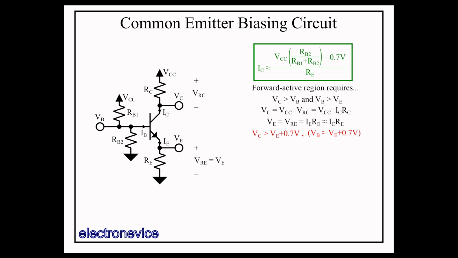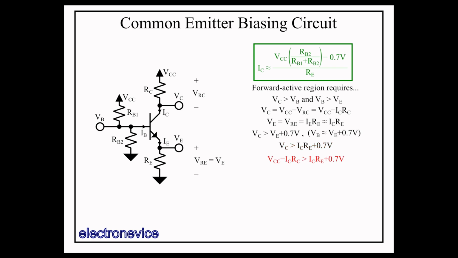Recalling that the base voltage is approximately equal to VE plus 0.7 volts, which satisfies the VB greater than VE condition, that leaves us with VC must be greater than VE plus 0.7 volts. Plugging in our approximate expression for VE, we have VC is greater than ICRE plus 0.7 volts.